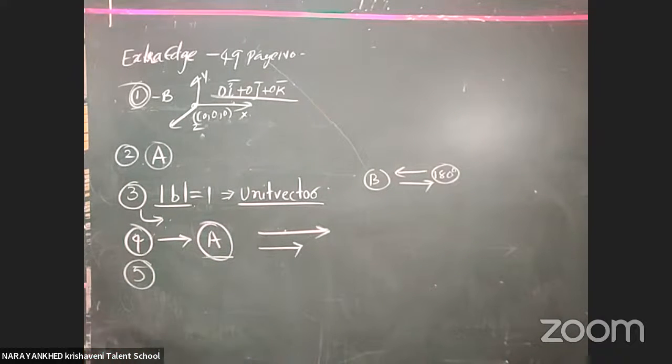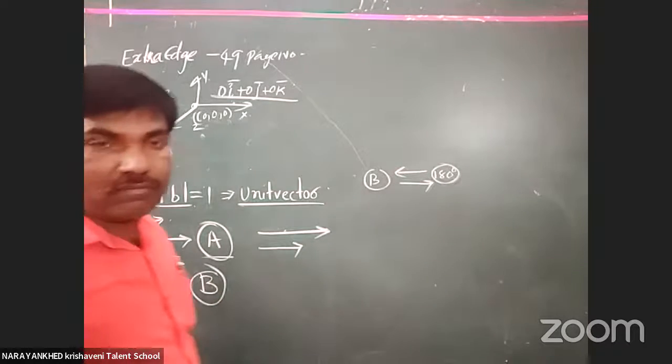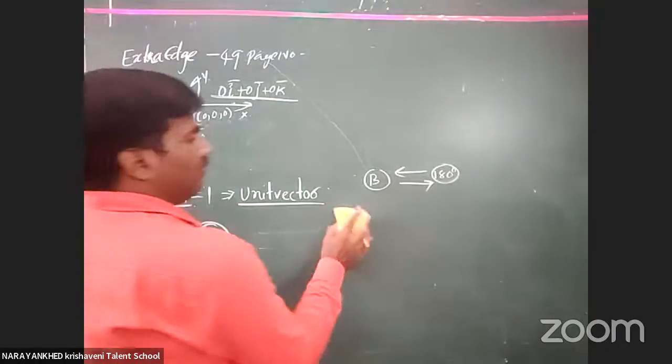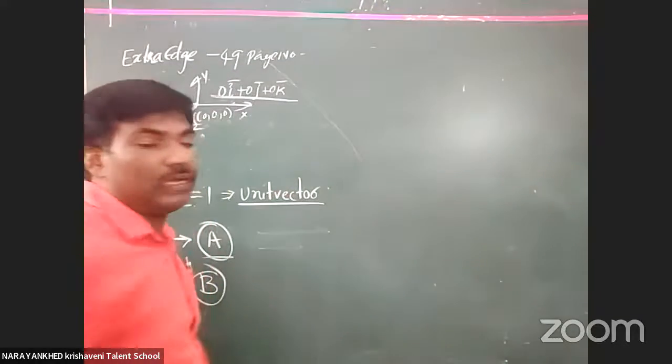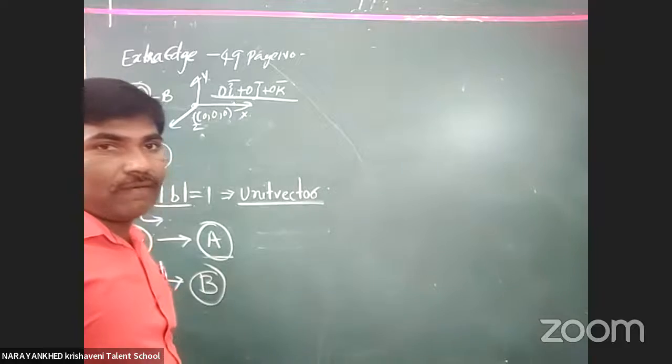Fifth one. Next question is the fifth one. Displacement is which quantity? Displacement is a vector quantity. Why? Because displacement is nothing but the shortest path between two points.